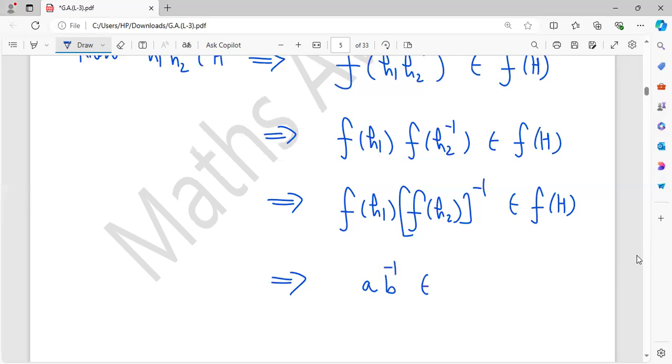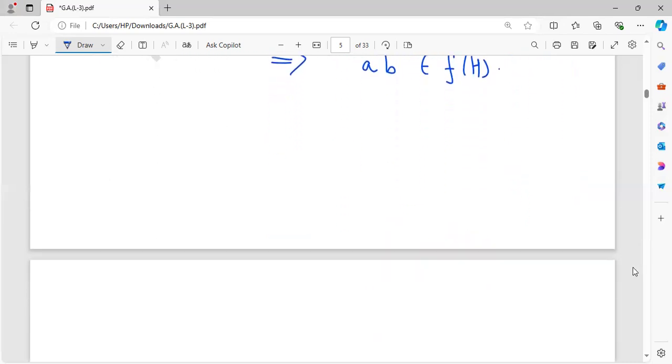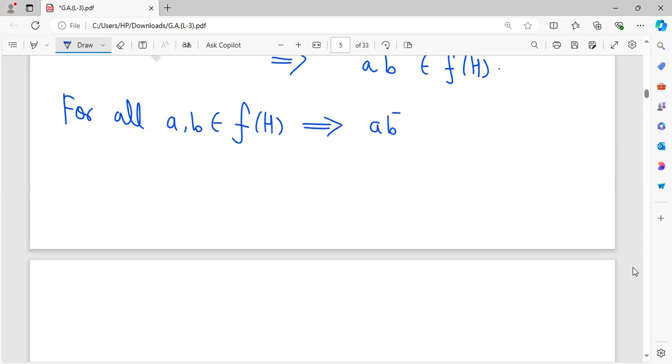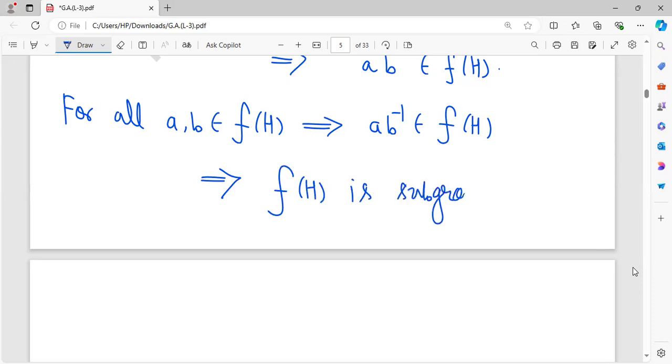So a b inverse belongs to f(H). For all a, b belonging to f(H) implies a b inverse belongs to f(H). So this implies f(H) is a subgroup of G.